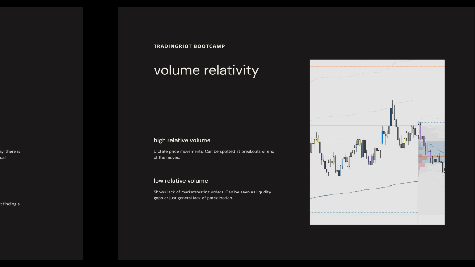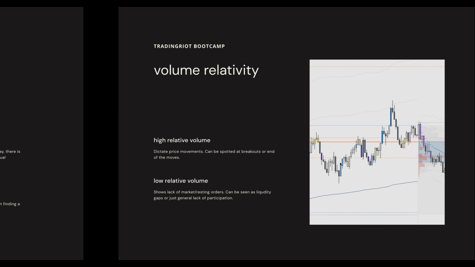I will show you this when we take a look at different platforms. A higher relative volume dictates price movements and can be spotted at breakouts or at the end of moves, and a low relative volume shows up as a lack of participation, and you can see that as liquidity gaps that get filled later on.